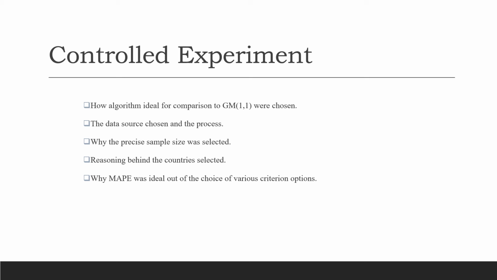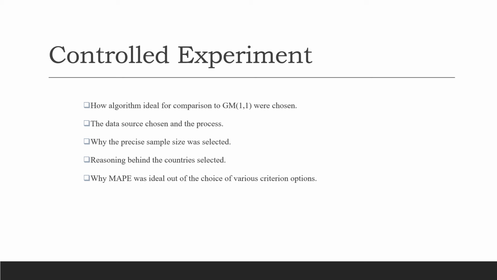And so finally, now that we have the algorithms and we have the data, the final thing to choose was the evaluation criteria to compare the algorithms with. There are several types of error evaluation methods in forecasting. There are two main types.